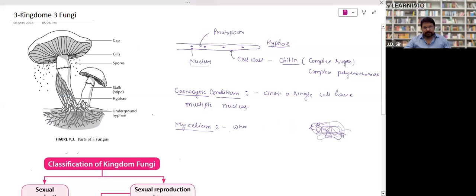When a fungus has filamentous branches or hypha, it is called mycelium.